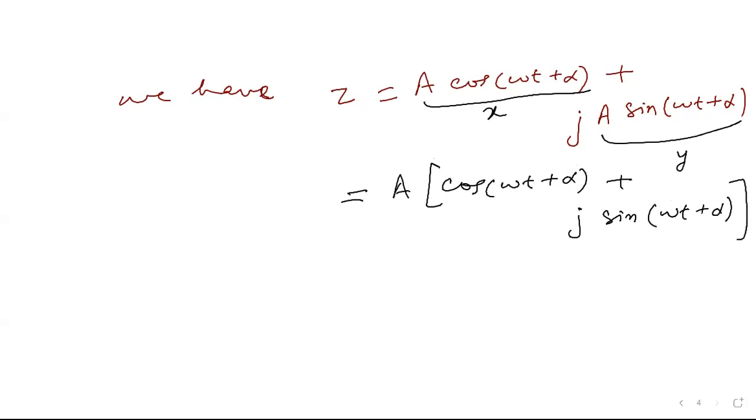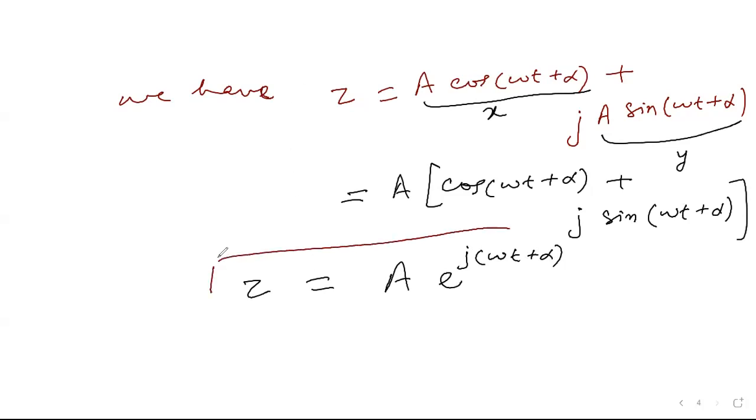Now I can use Euler's equation. Cos omega t plus alpha plus j sine omega t plus alpha becomes e raised power j omega t plus alpha. So z is a e raised power j omega t plus alpha, right? Let me encircle it. What is this? A e raised power j omega t plus alpha.